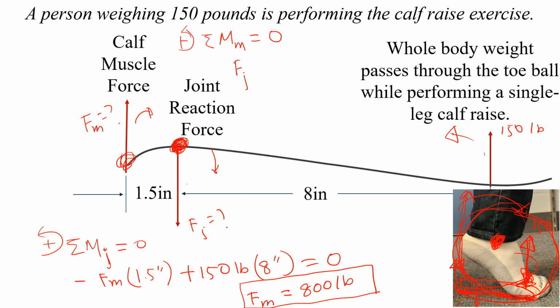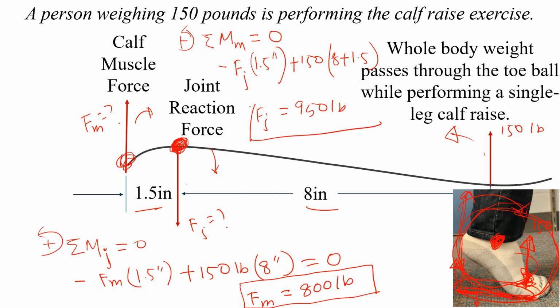That's unknown, which is negative, and it is 1.5 inch from the muscle. And then this 150 pound force is 1.5 plus 8 inch from the muscle force, from the line of action where we are taking the moment. So that is positive 150 times 8 plus 1.5 inch. If you solve for the joint force, it's going to be 950 pounds.